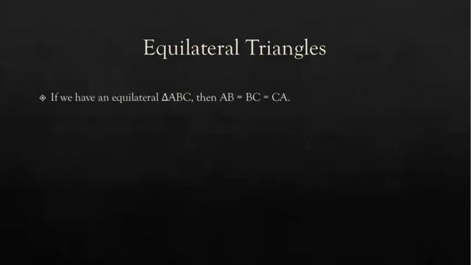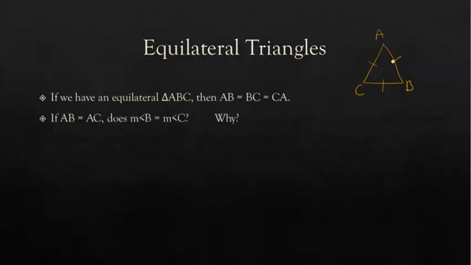But when we have an equilateral triangle, then we know that all of the sides are the same length. So A, B, C: AB is congruent to BC is congruent to CA. So if AB is equal to AC, what does that tell us about angle C and angle B?